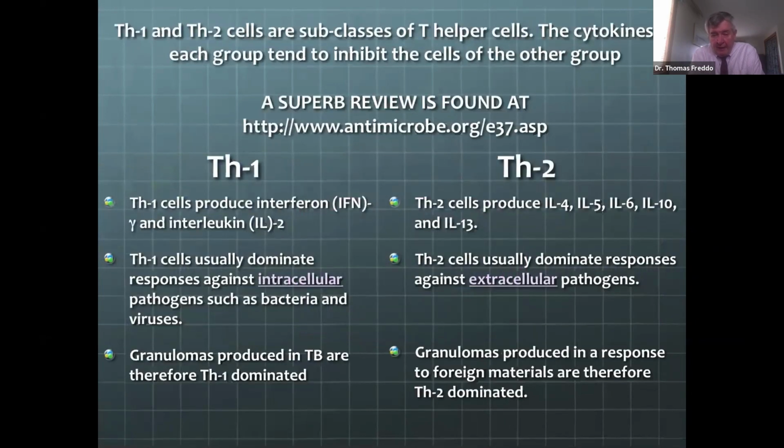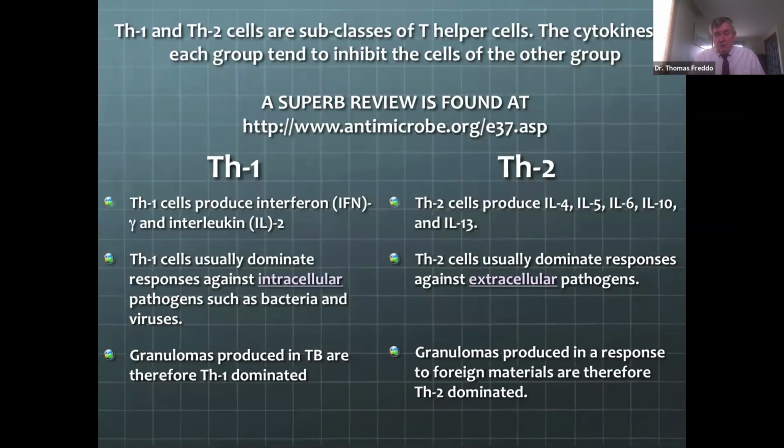When we talk about inflammatory disease, we usually talk first in terms of the overall type of response that's being mounted. We usually divide them, although there are more subtypes being discovered. The classic initial division point is whether the response is overall what's called a Th1 or a Th2 response. And these can predominate, and one of them can inhibit the other.